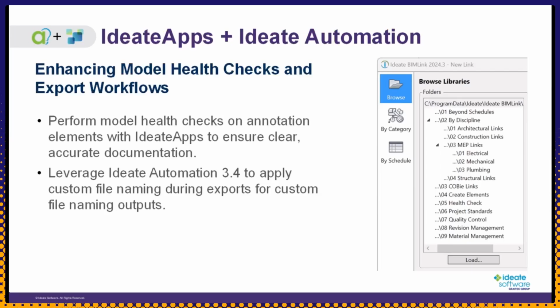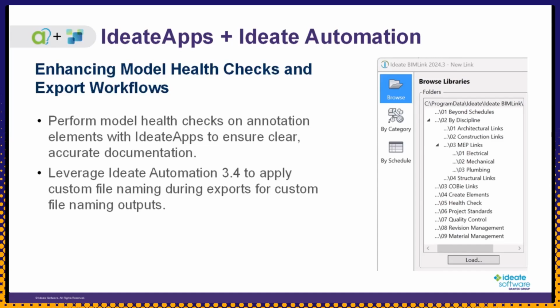When combining Ideate Apps and Ideate Automation, we unlock the following workflows. First, Ideate Apps helps us run model health checks on annotation elements, ensuring clear and accurate documentation before submission. Next, we're supporting a highly requested workflow which enables custom file naming for exports.